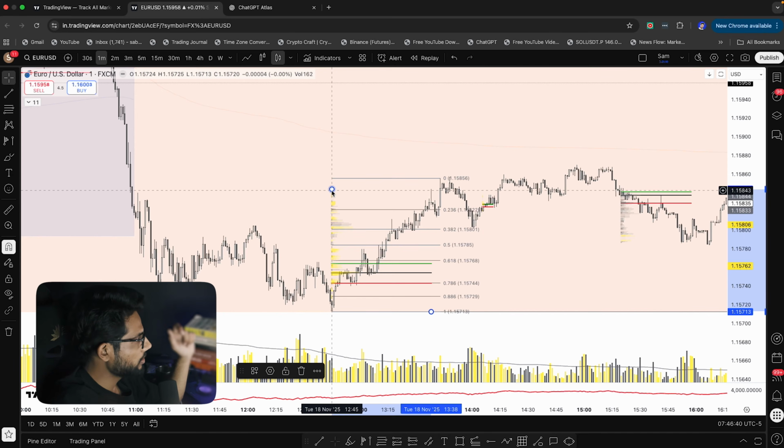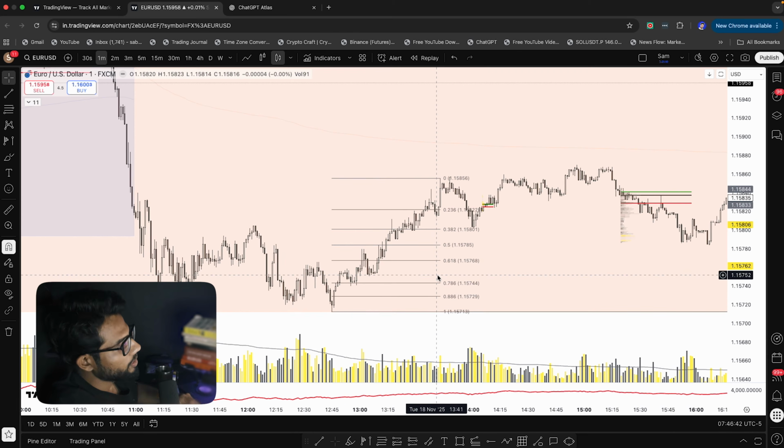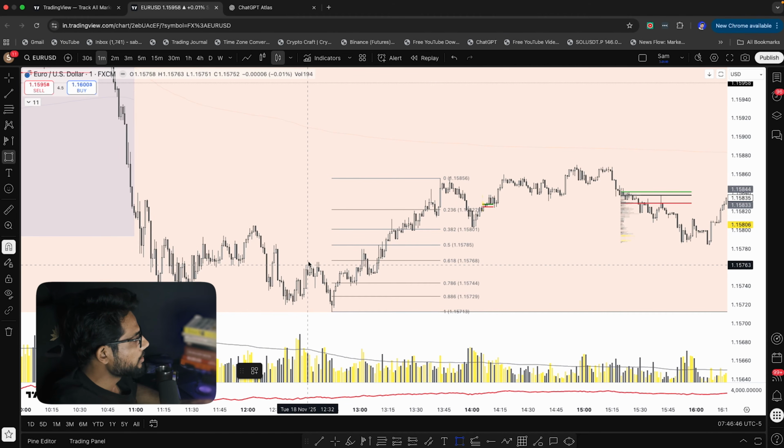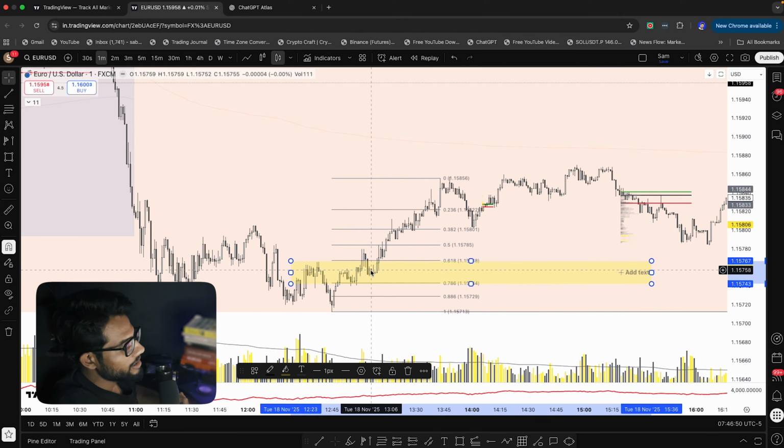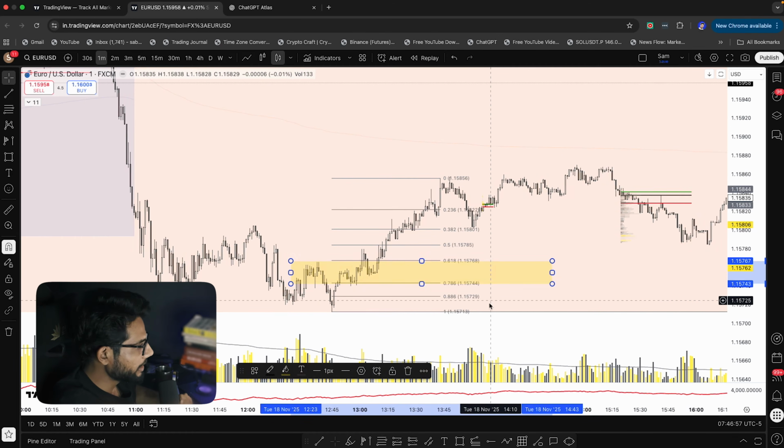Fibonacci is like talking in the air. If I remove this volume profile, normally people suggest this is the golden zone, right? So this is very speculative, and this is not backed with any data.